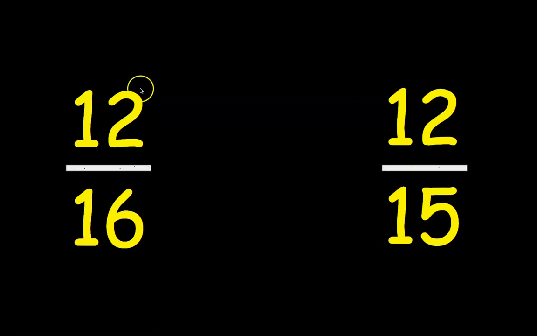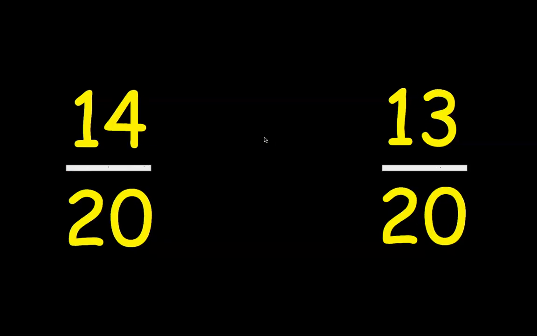They are bigger here because I cut the pizza into fewer pieces. It's only a very small amount, but it is still slightly bigger. 14/20, 13/20. Pause, continue when ready.